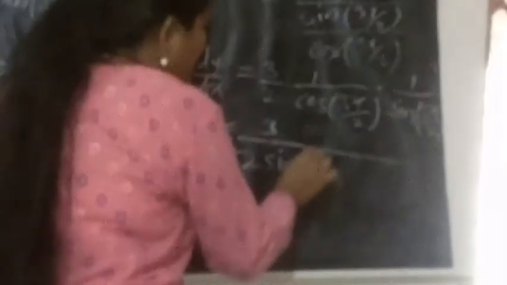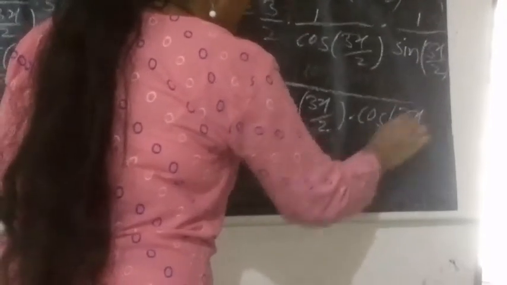That is 3 upon 2 into sin 3x upon 2 into cos 3x upon 2.